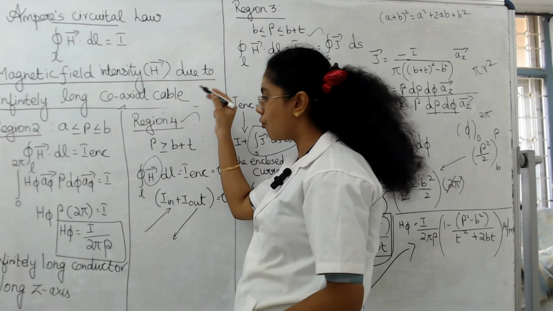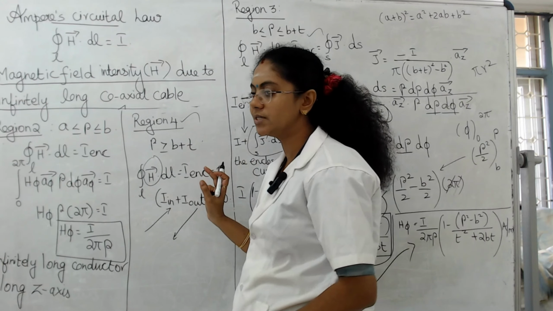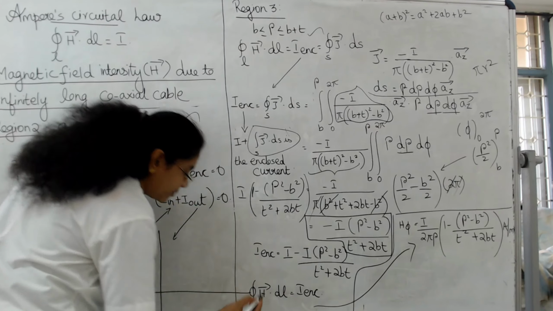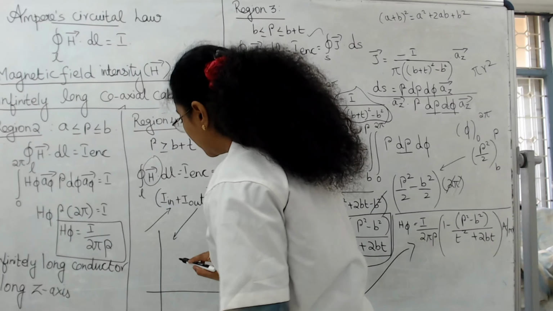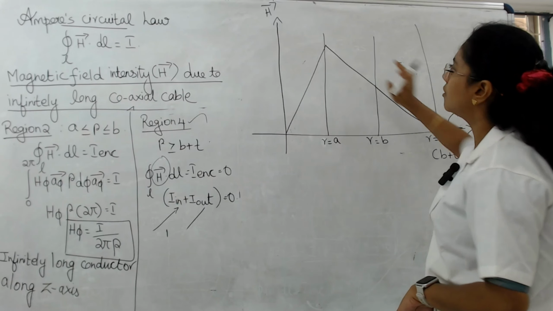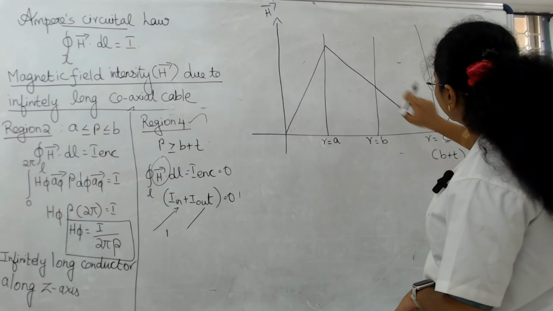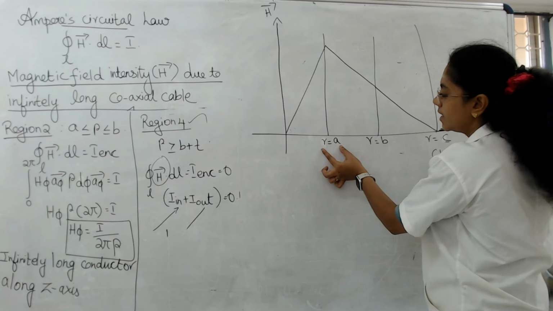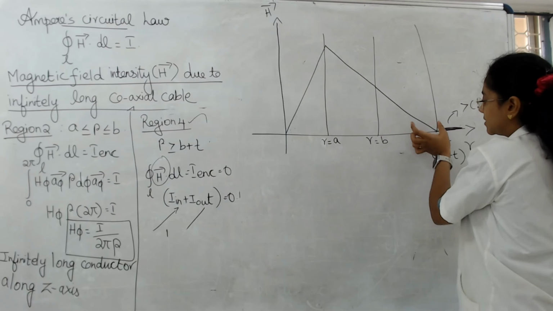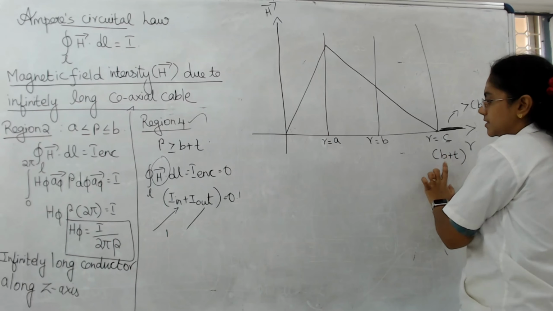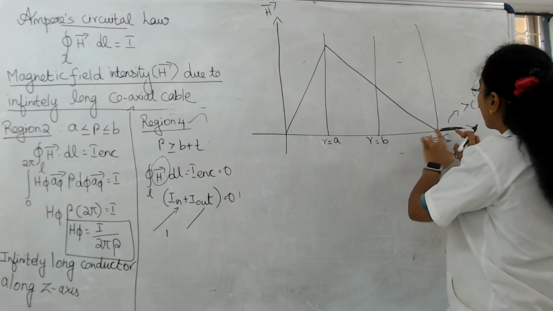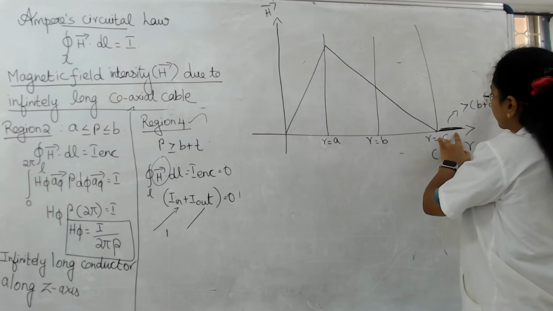From these 4 regions, finally you have to draw a plot between the radius and your magnetic field intensity. What you can interpret from this graph: r is equal to a represents the radius of the core, this represents the radius of the cladding, r is equal to c represents the region between the cladding and the thickness of the cladding, that is b plus t, and this region represents the outside of the cladding.